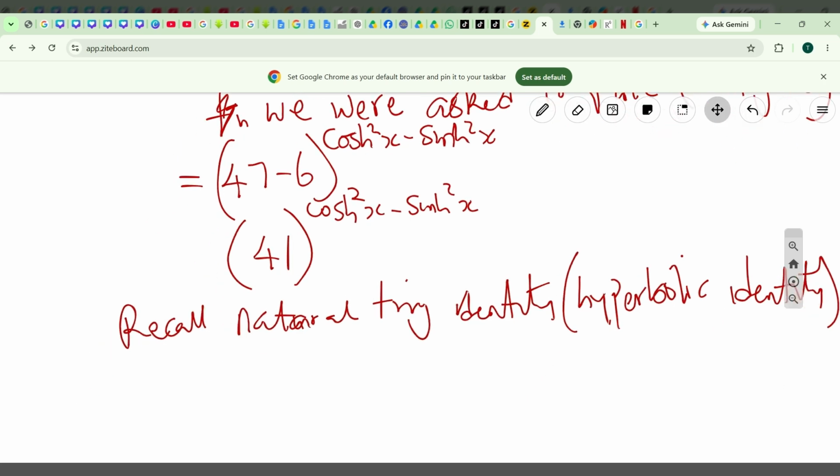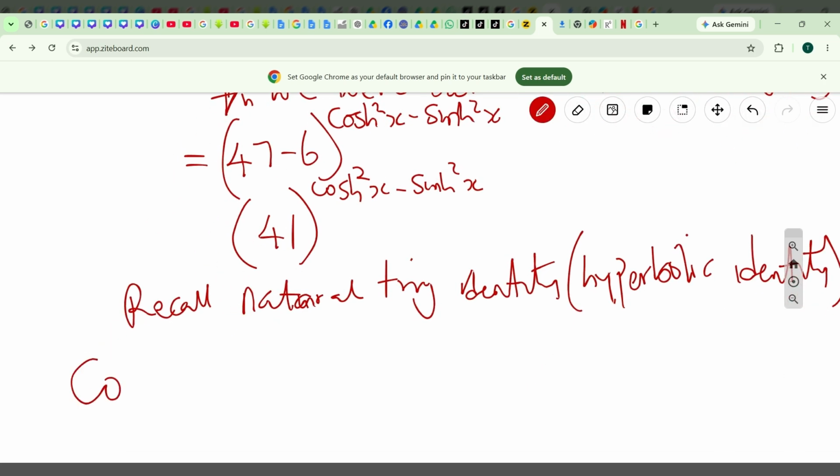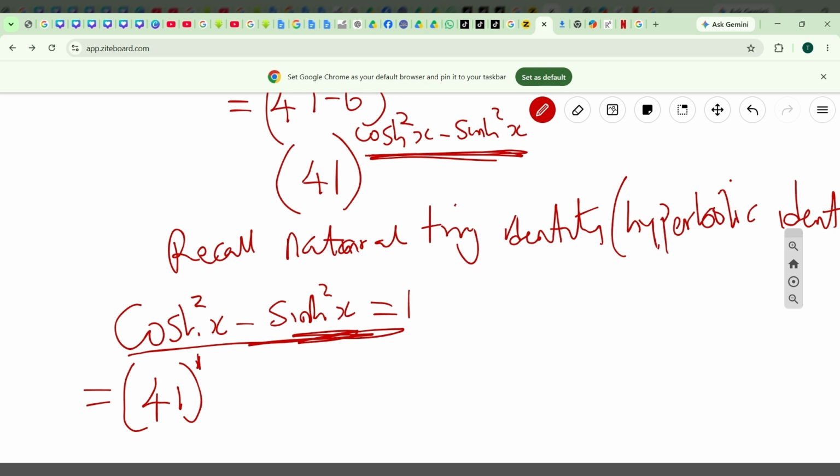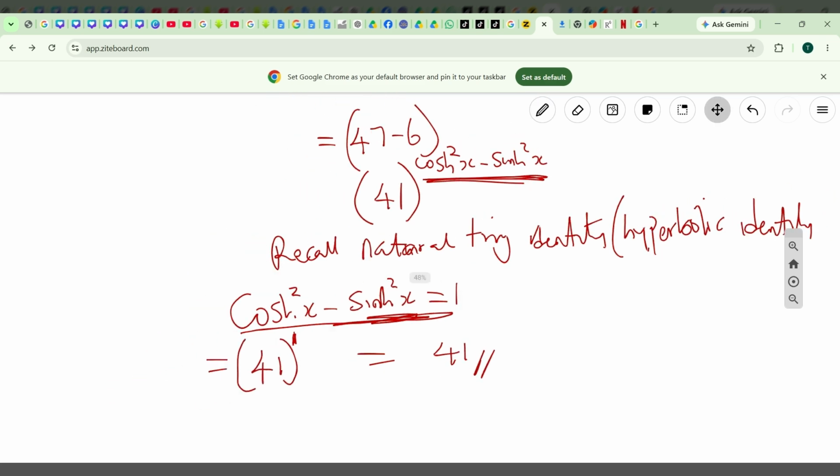If you recall that identity, you recall that cos squared x minus sine squared x is equal to 1. So we'll just substitute 1 into that. So this is equal to 41 to the power of 1, because cos squared x minus sine squared x is 1 from the trig identity. So 41 raised to the power of 1 is equal to 41. And that becomes the final answer.